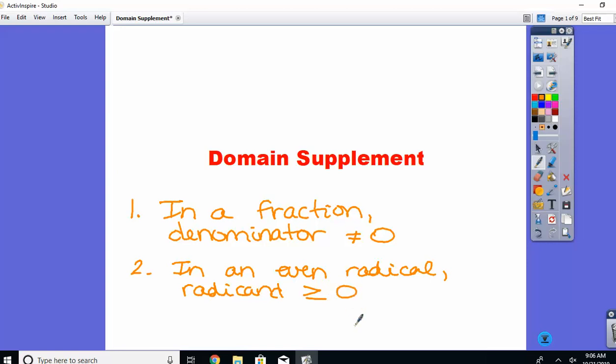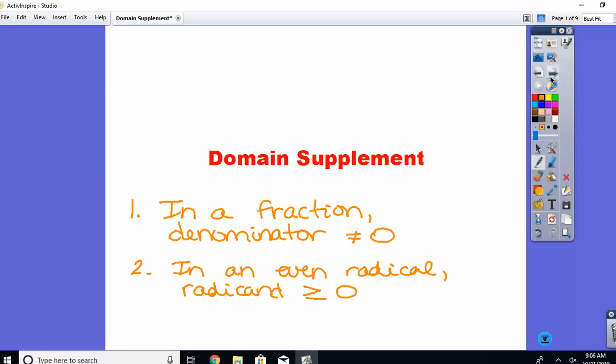So you're going to say, okay, does it have a fraction? Does it have an even radical? If it doesn't have either of those two things, your domain is automatically negative infinity, positive infinity. If it does have those, then we have to take a little bit of time and work out what our actual domain is. Okay?